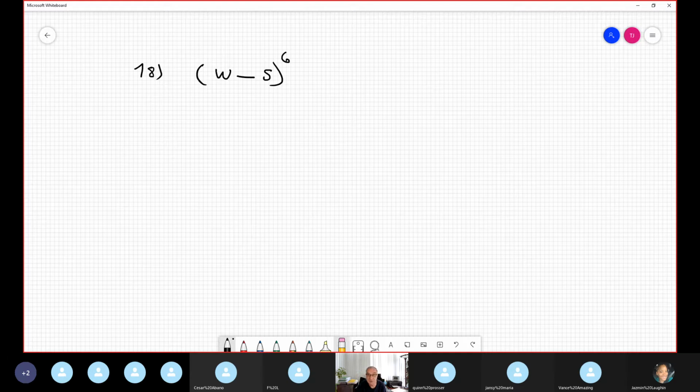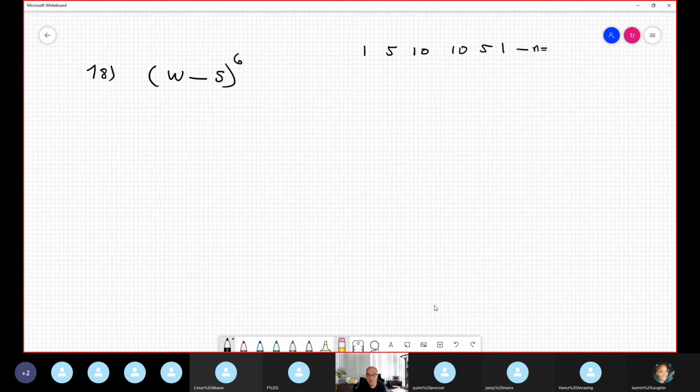I erased the Pascal triangle, but I remember the last row we were doing for n equals 5 is 1, 5, 10, 10, 5, and 1. For n equals 6 it would be 1, 6, 15, 20, 15, 6, and 1. This is the collection of the coefficients in the book.